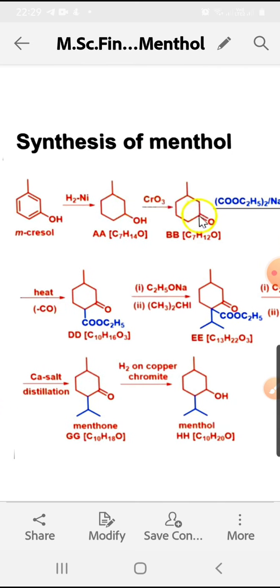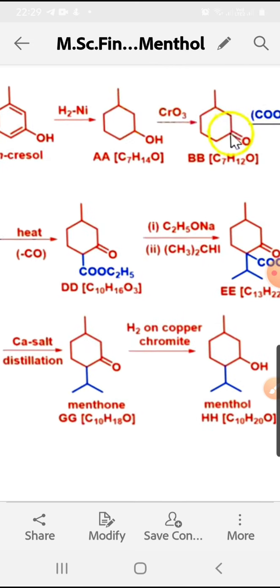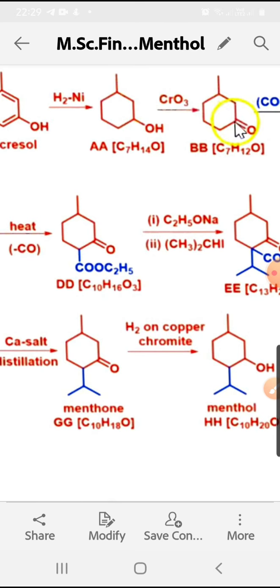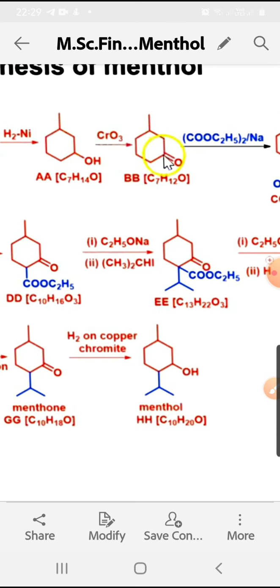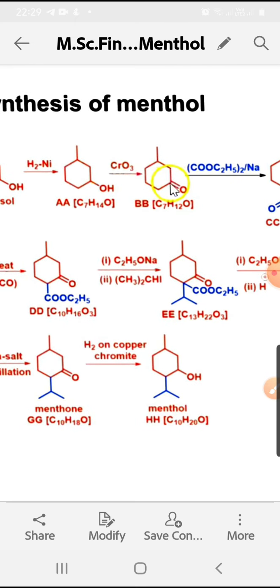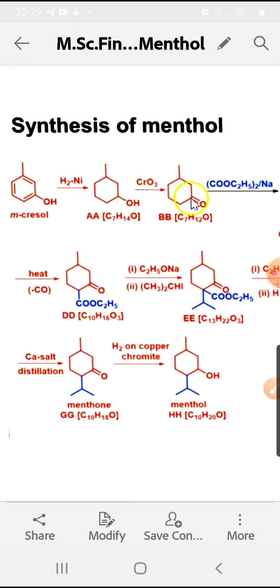This dicarboxylic acid forms a calcium salt, and if this calcium salt is distilled, we get menthone. And menthone on reduction gives menthol. This is a very interesting synthesis of menthol involving very simple starting materials like metacresol as well as isopropyl iodide.